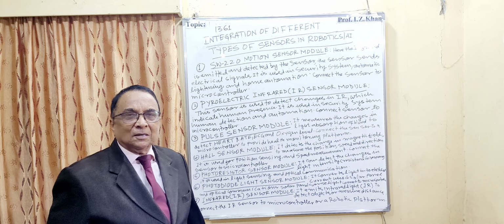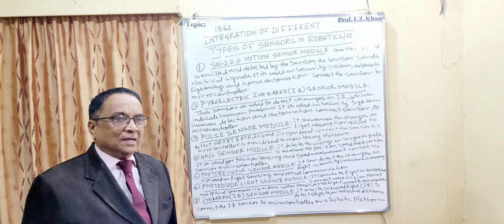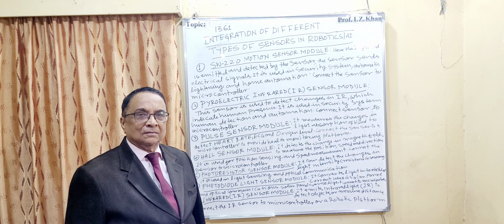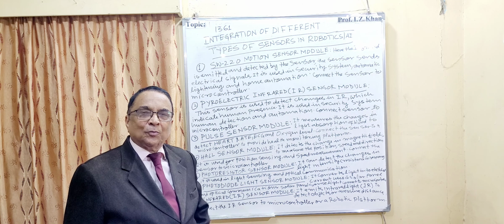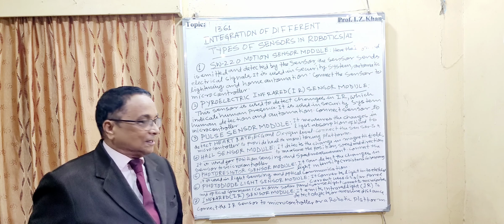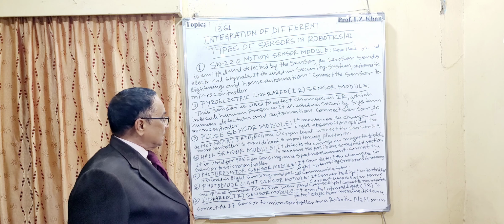Nowadays, our smartphones, day by day, are becoming our healthcare monitoring system. Your doctor is in your pocket. Just touch and all these sensors will tell everything. Then number 4, Hall sensor module.